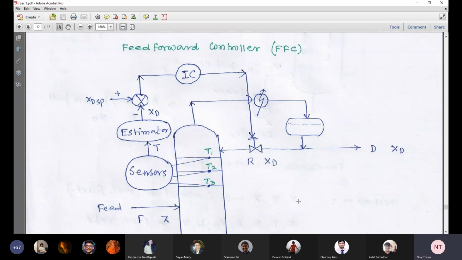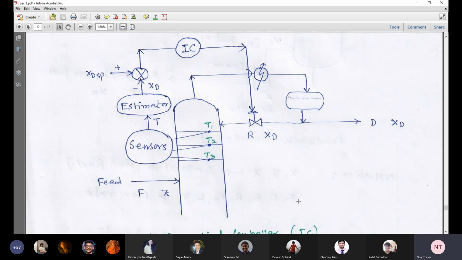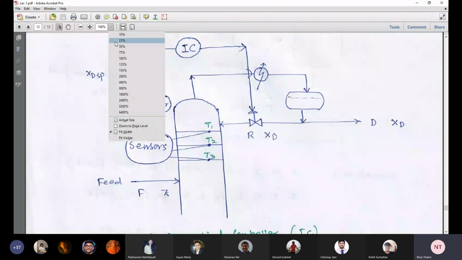I repeat, in the variable classification table, the measured output is classified as primary measurement and secondary measurement. We want to discuss that issue now. Fine. You draw this configuration, then I will explain this. First, you draw this configuration.